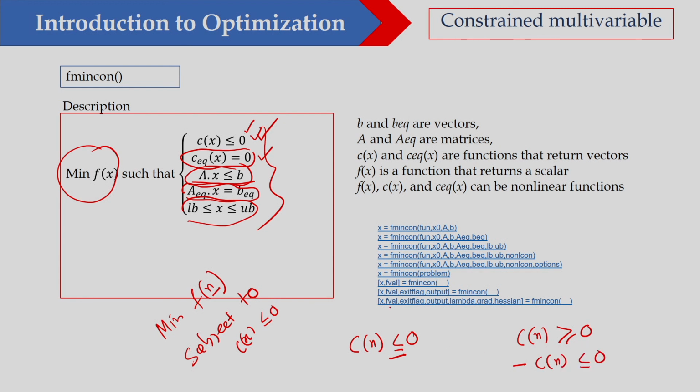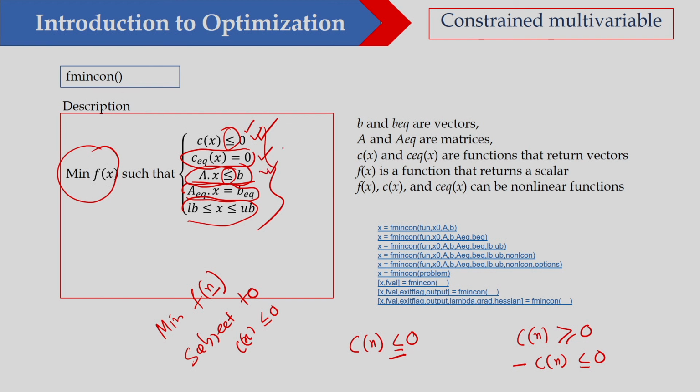Always this sign should be of less than or equal type, and similarly in case of a linear inequality constraint, this also should be a less than or equal type constraint. If it is greater than or equal type, we have to convert it to less than or equal type constraint.